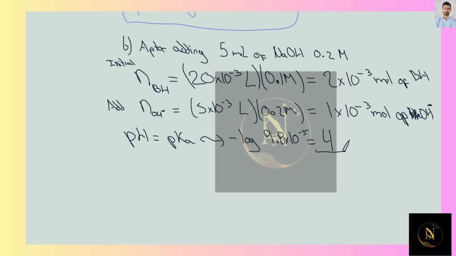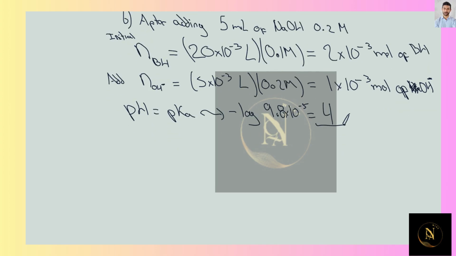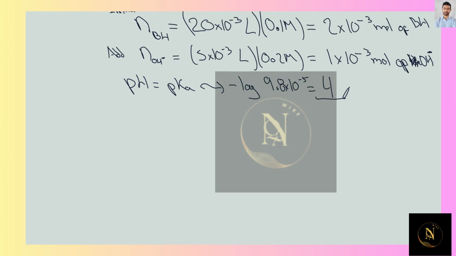Okay. Just to convince you of that, let's do again the ICE table with these quantities. This is going to produce B minus plus water.